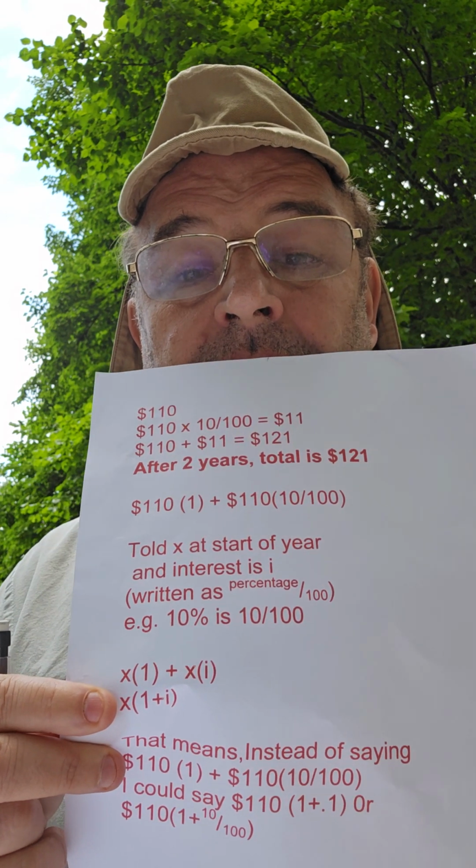Think of it this way. If I've got 4 pencils, I add on 3 pencils, I'll get 4 plus 3 pencils. I've got 1 lots of x, I add on I lots of x, I have 1 plus I lots of x. So that means instead of saying 110 times 1 plus 110 times 10 over 100, I could just simplify it to 110 times 1 plus 10 over 100.